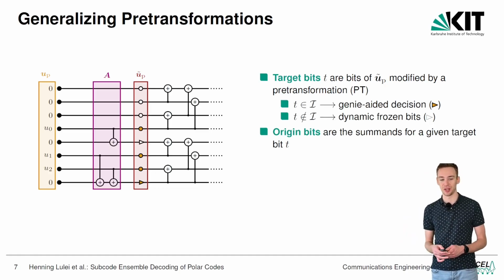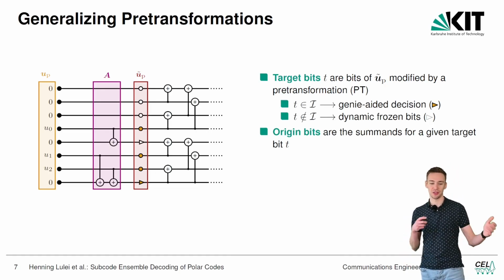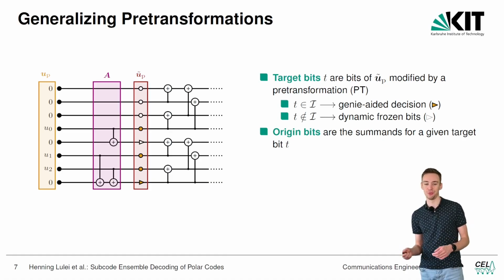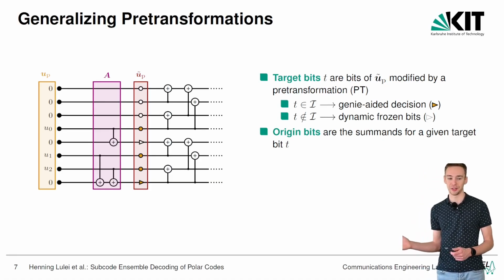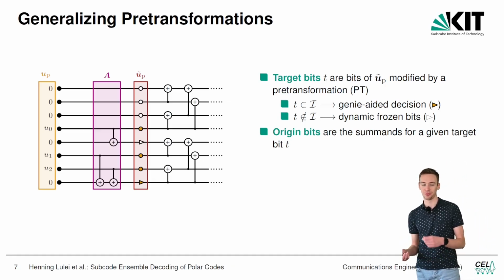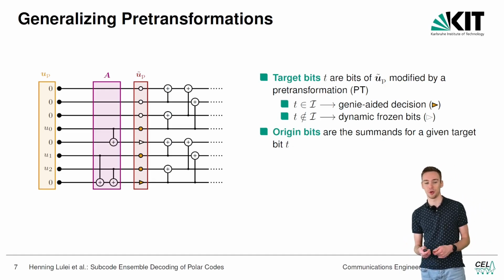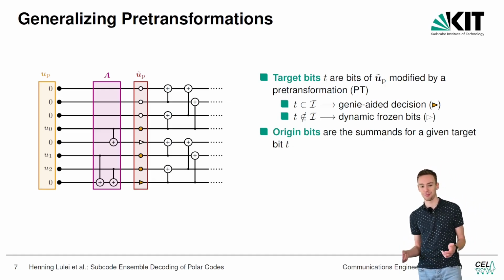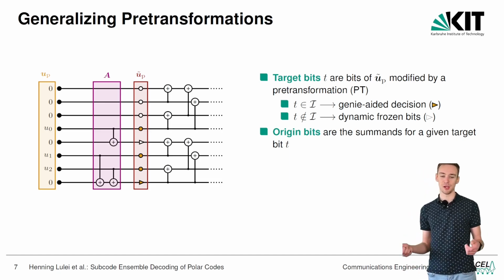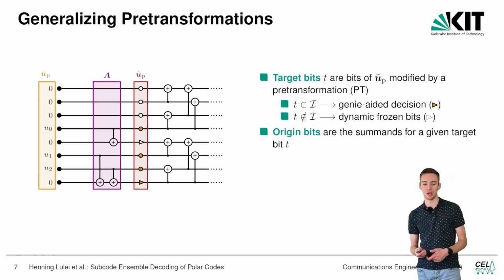So let's go into our black box and see what's actually there. First we have our matrix A. Our matrix A just does additions between bits. So right here we have two target bits, the two triangles, where the first target bit was a frozen bit before and now became dynamic frozen and takes the value of U0. Our second target bit, the one at the bottom, the orange triangle, now takes the value of U1 and U2 added together.